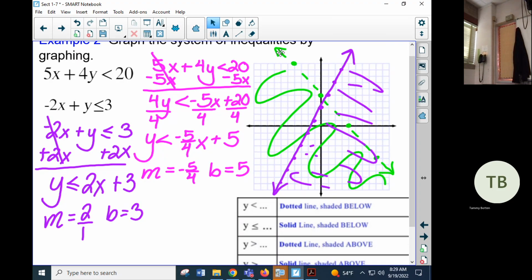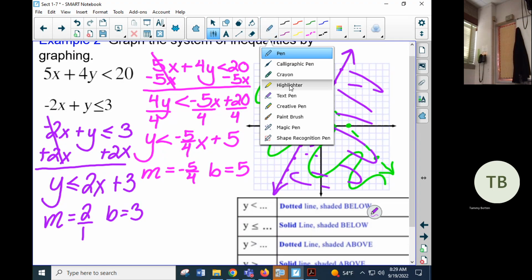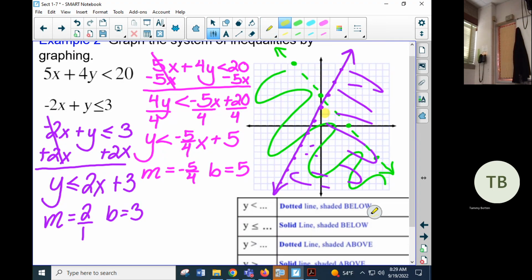Here, it's just blue. And in between these two is where there's both. So what I would do then is in that region here is where it would be my overlap. Any point in this region would be my answer.